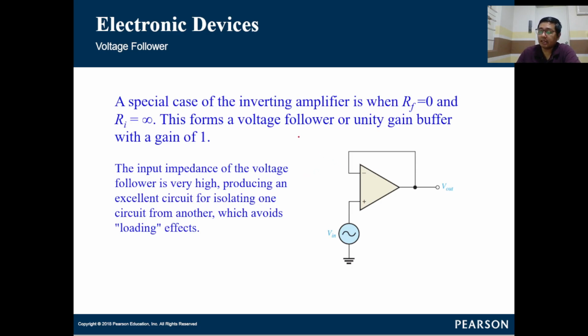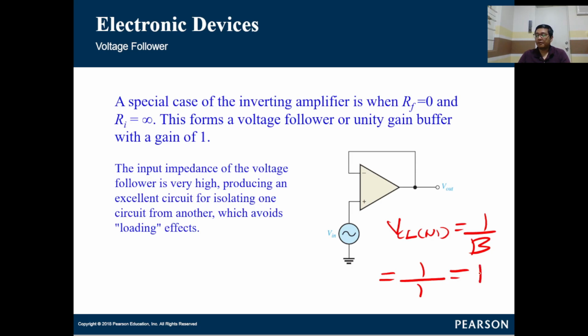Since the closed loop voltage gain of a non-inverting amplifier is equal to 1 over B, or the attenuation, it is equal to 1 over 1, because our attenuation is equal to 1. That's why the voltage gain of a voltage follower is equal to 1.